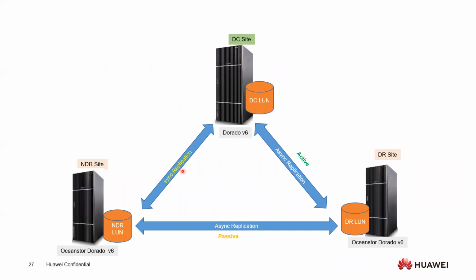From a topological perspective, you can see here the 3DC. As I mentioned, this is just a graphical representation of the three states of data. My primary site, the DC LAN, then the NDR LAN. NDR means the near DR, and the DR here is the far DR, so the far DR LAN. You can see my primary site has two replications.